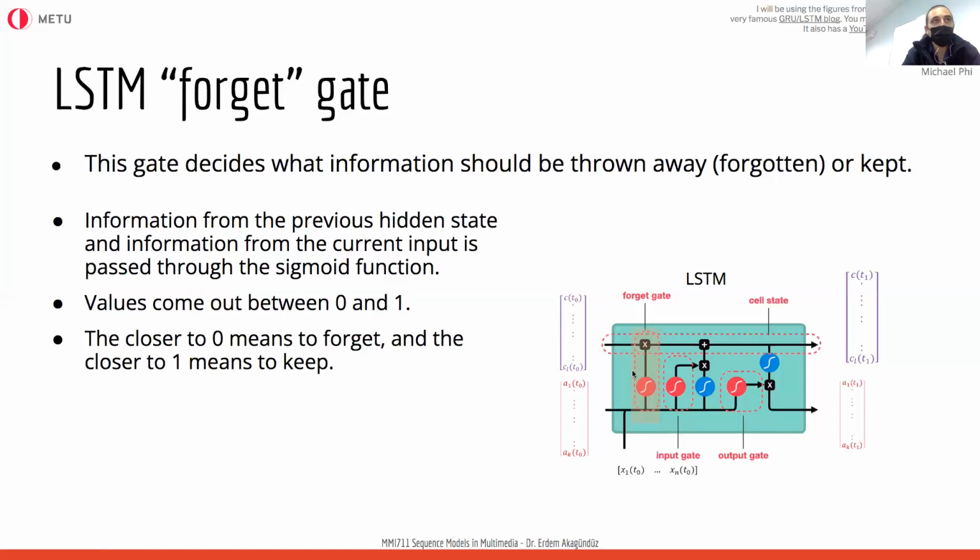So what happens is, you have an input, you have the previous hidden state, they are concatenated here, and fed to the sigmoid gate, okay? And the output of the sigmoid gate is a vector, which has the same size as the cell state. Usually in an LSTM, hidden states and cell states have the same vector length.